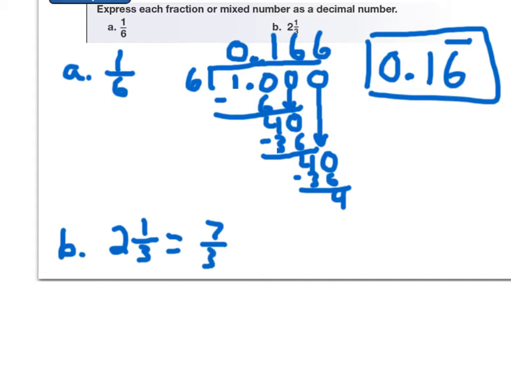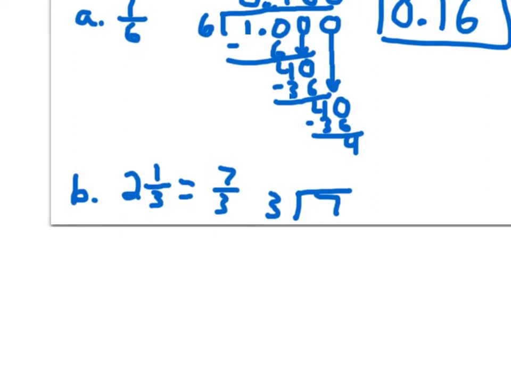Now we'll do the division. We put 7 on the inside and 3 on the outside. 3 goes into 7 twice. If I multiply, I get 6. Subtract. 3 doesn't go into 1, so I have to put a decimal and bring down a 0. 3 goes into 10 3 times. 3 times 3 is 9.